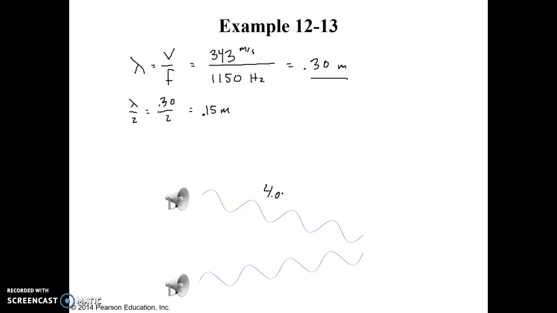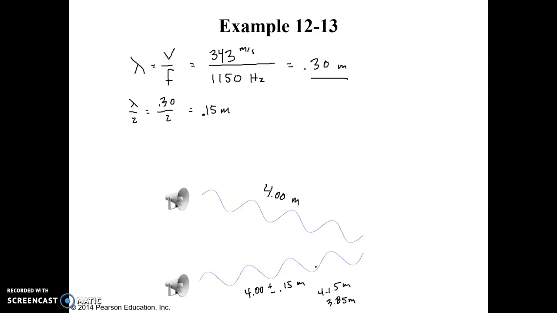So if the distance to the first speaker was 4.00 meters, we want the distance to the second speaker to be 4.00 plus or minus 0.15 meters. So in other words, this could be 4.15 meters, or it could be 3.85 meters.